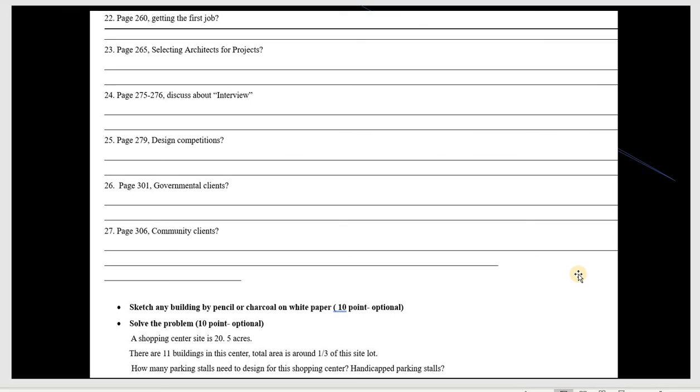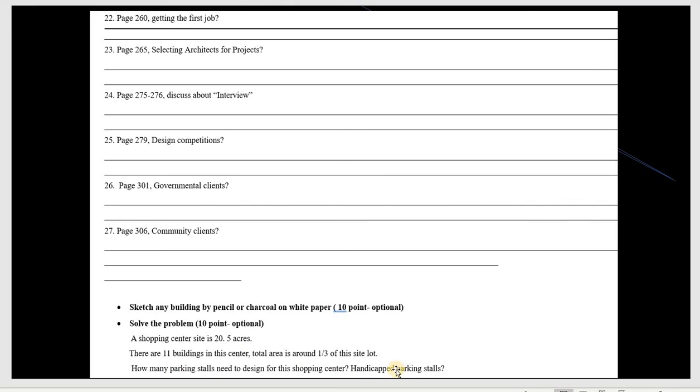The second one is solve the problem. I need you to calculate the total parking stalls in the shopping center, and after that calculate the accessible parking also. So basically you have 2 questions. The first is to calculate the parking stalls in the shopping center.